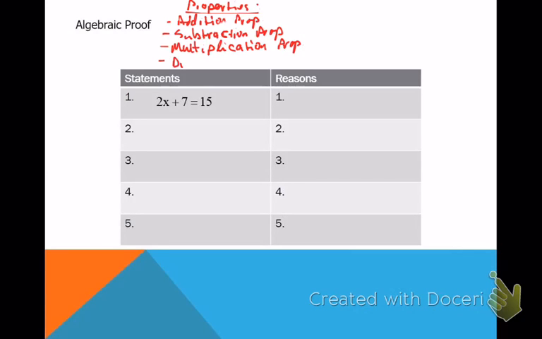Or you might use the division property. Okay? Now, you also are going to use given. And simplify. As possible reasons too, and I'll show you when to do that.